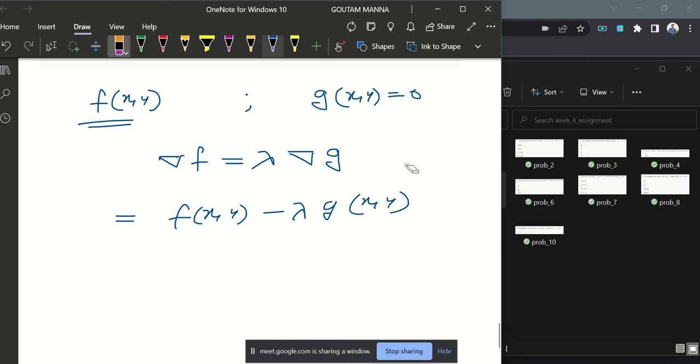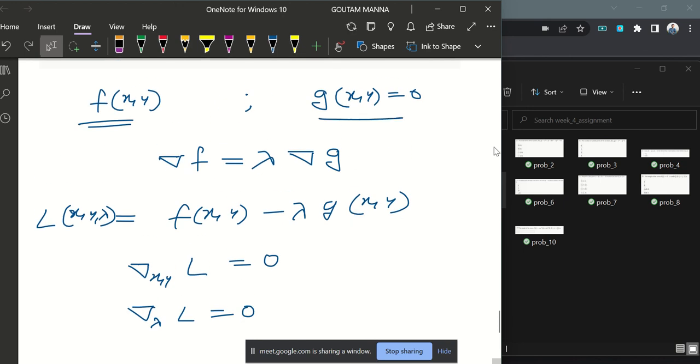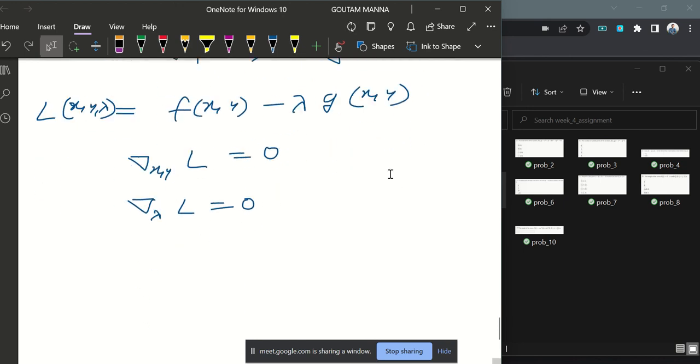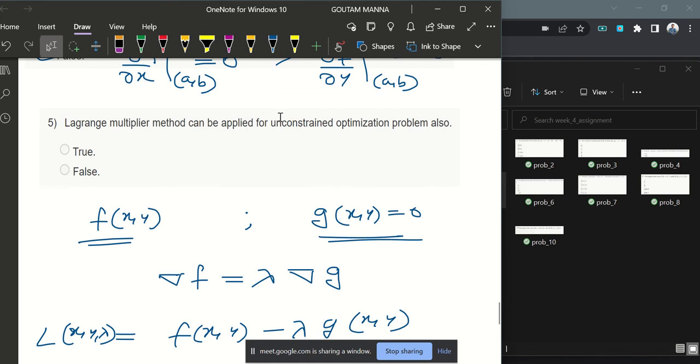You are forming a function L, which is a function of x, y, and lambda, making lambda a parameter. Then the equations are that the gradient of L is 0, and the derivative with respect to lambda is 0. With this you get the same constraint equation. Now you don't have any constraint, so you have an unconstrained optimization.